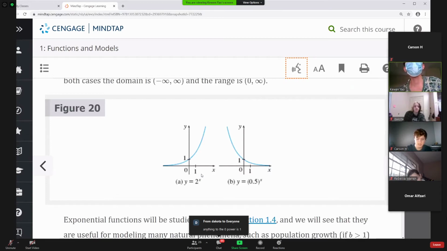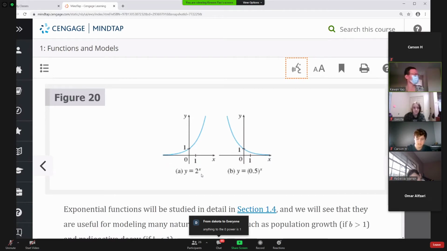Now look at the picture. We have two exponentials. That's the picture you have to keep in mind. This is 2 to the x, and 2 is a positive number. This is 0.5, which is 1/2, so 0.5 to the power x. This is an increasing function.